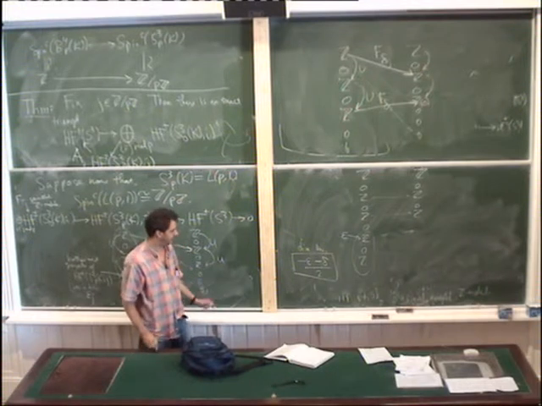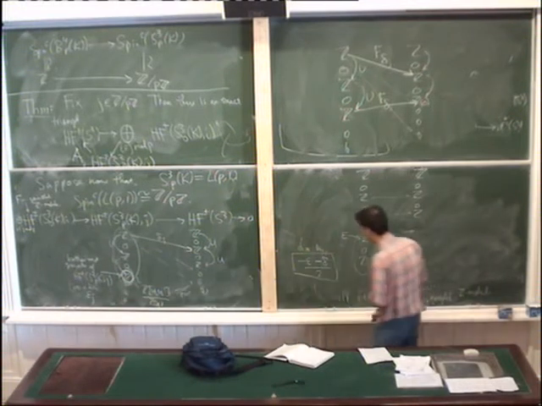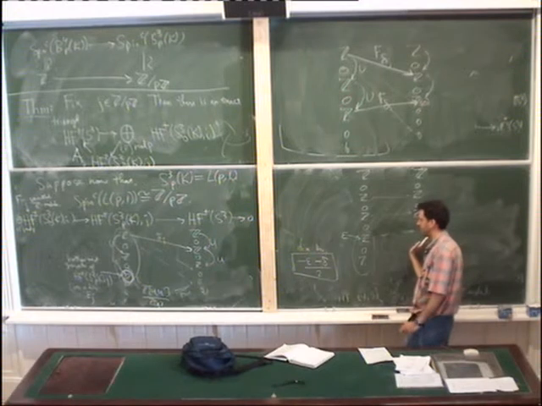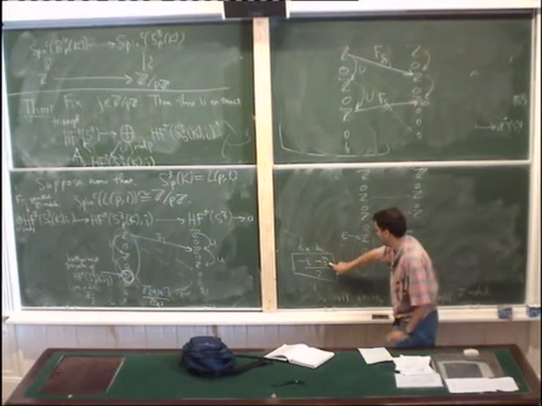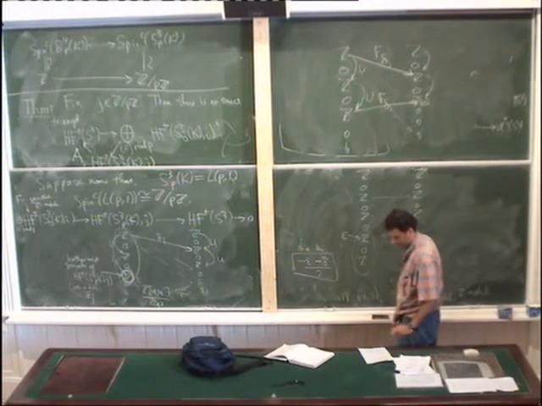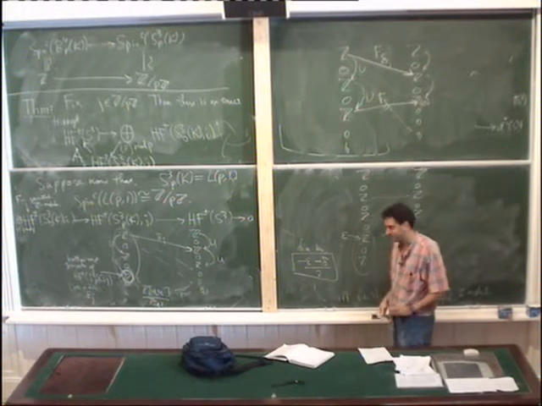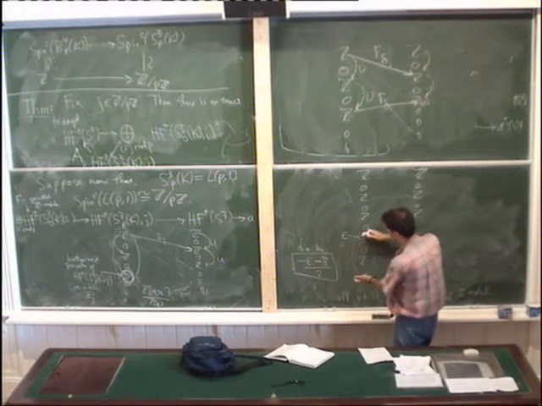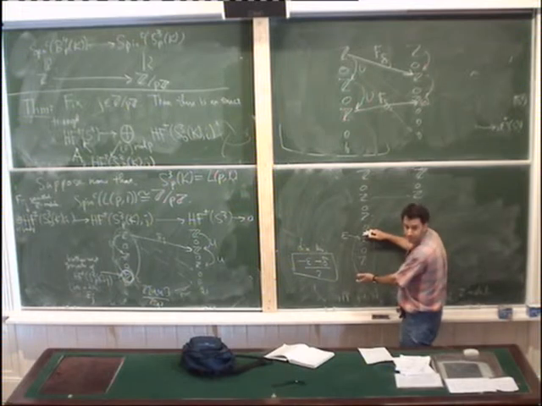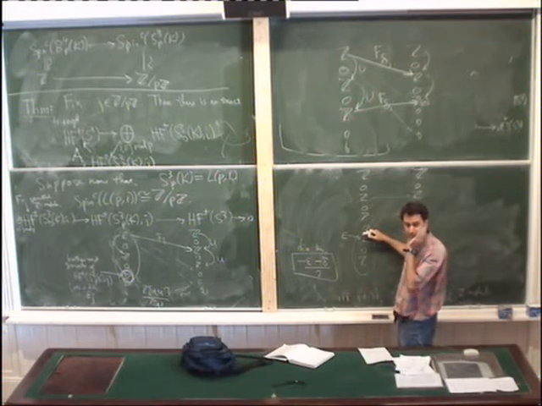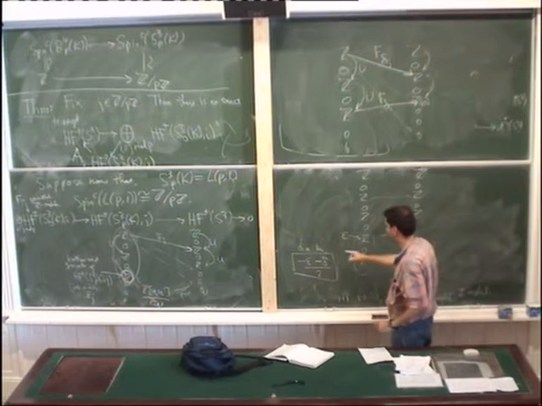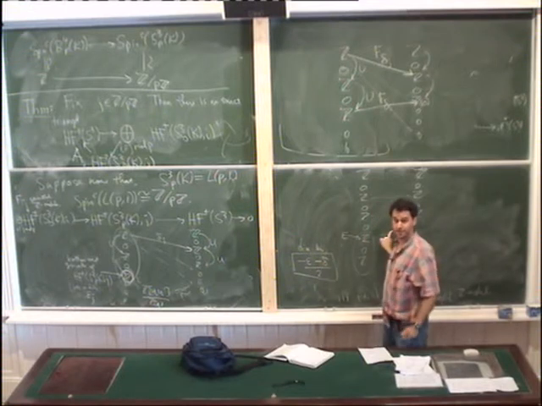So if delta is really big, then this becomes a negative number. Okay? What's that? I'm now talking about the dimension. What's that? Epsilon is the degree. Delta is the shift in degree.